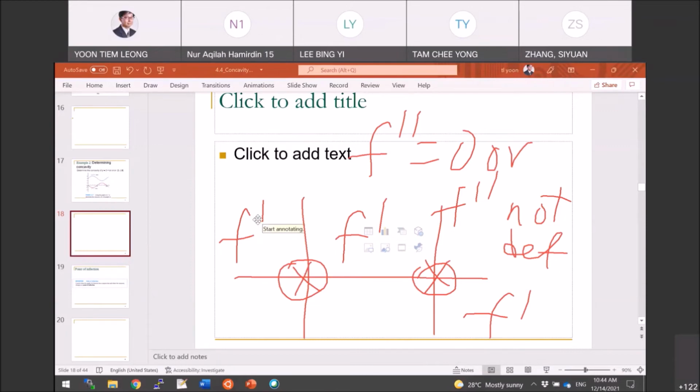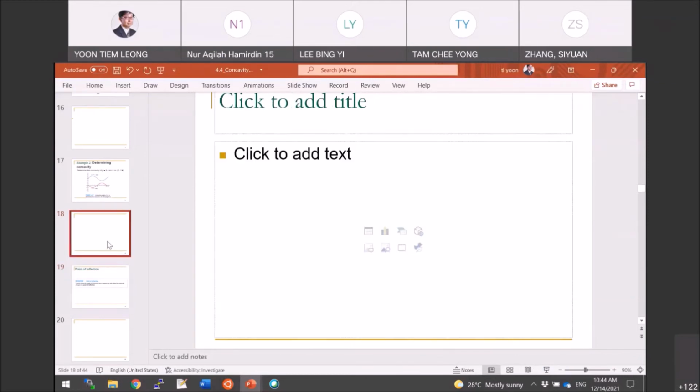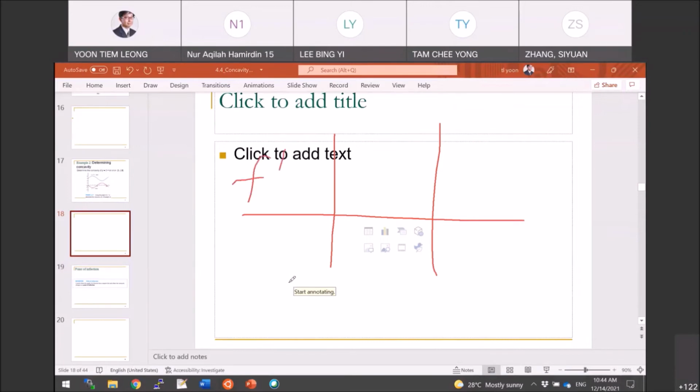Now, similarly, if you are looking at the concavity of the functions, you could also have situations where you divide the regions into separate regions where the sign of f prime prime may change, right? So this is very similar to the case of the critical point.